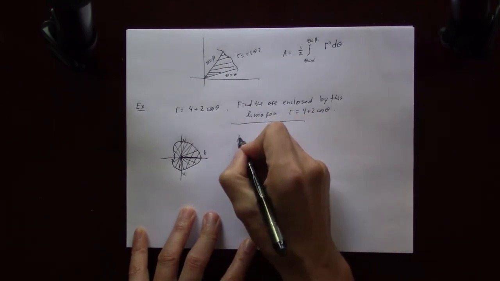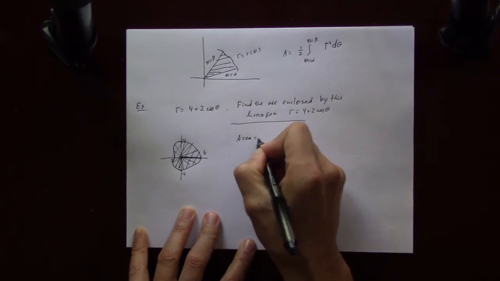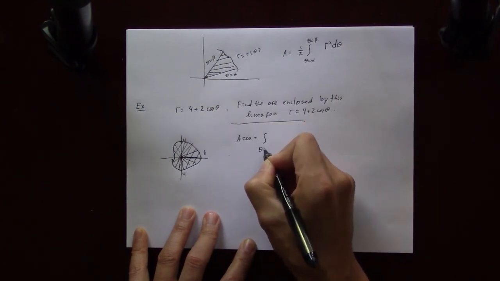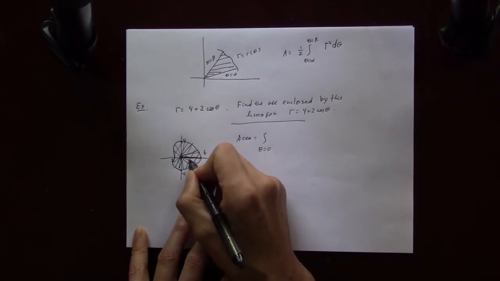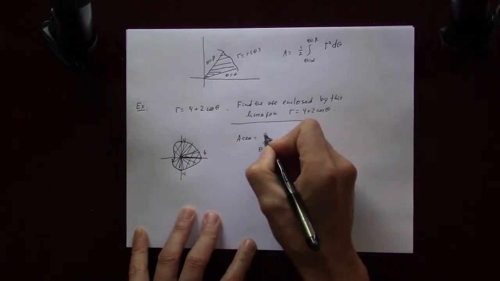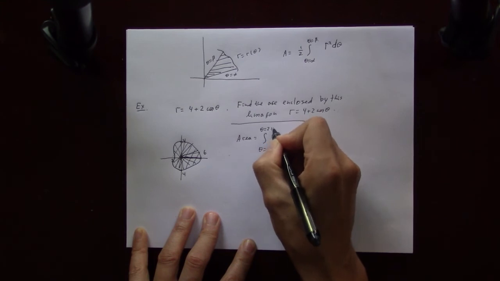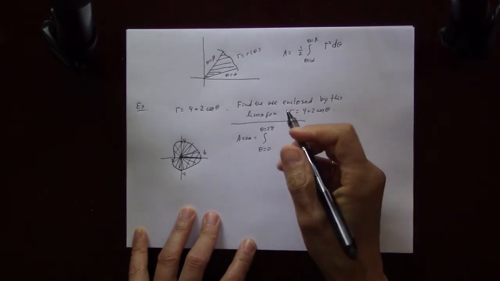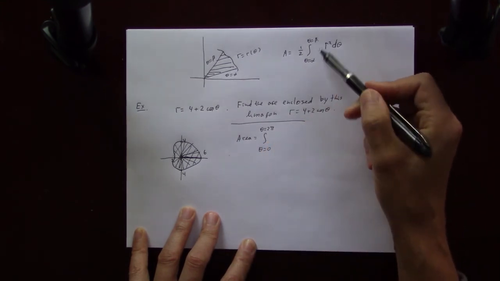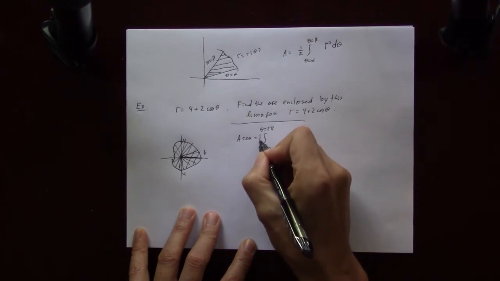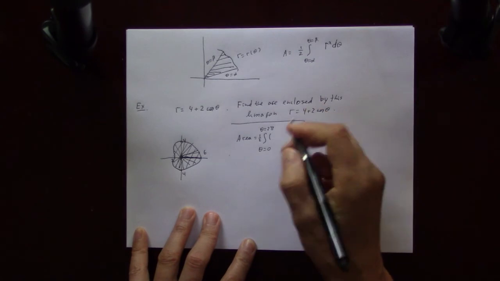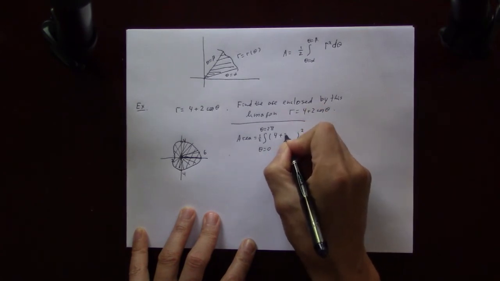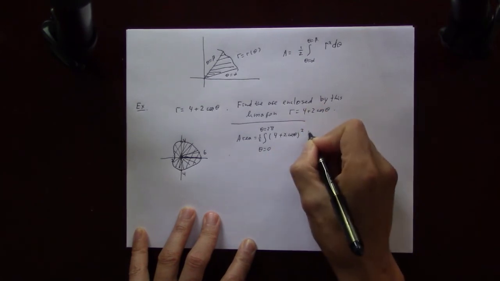So our initial angle is going to be theta equals 0, and we go around till we're back to our initial angle, theta equals 2 pi. So we found the limits of integration, alpha and beta. We put 1/2, the square of the expression for the radius, d theta.